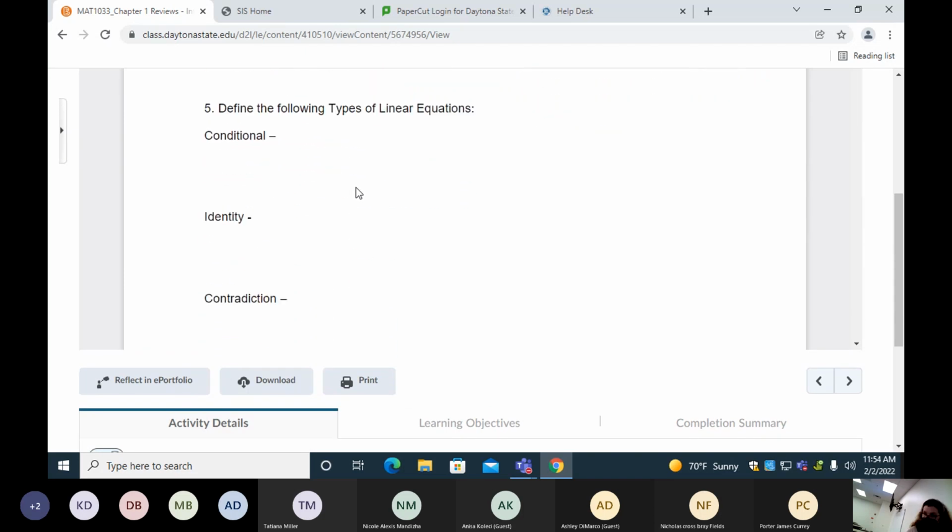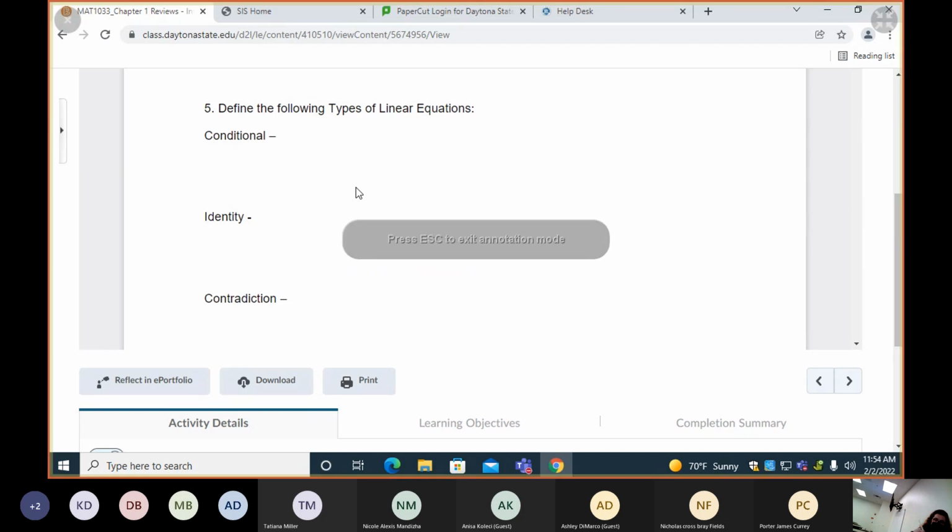Conditional. Somebody give me an example of a conditional equation. Let's start with 4x.